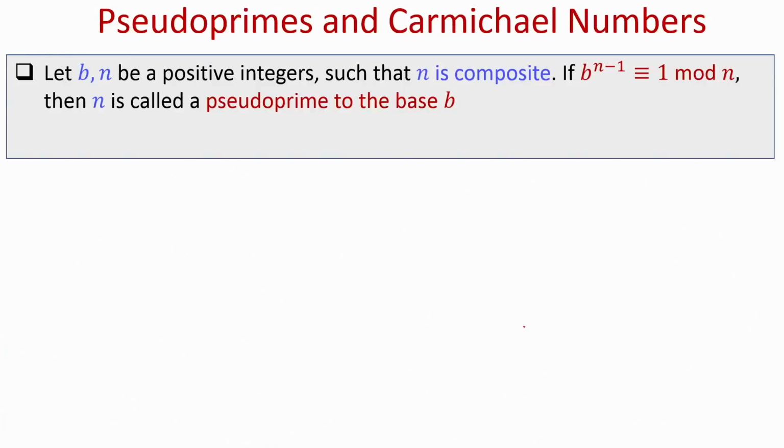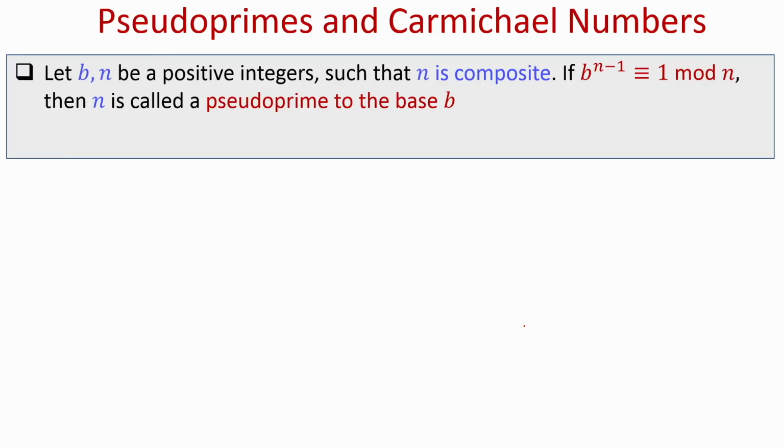However, it turns out that even if you do so, your primality testing algorithm will fail, because there are some very interesting numbers called pseudo primes and Carmichael numbers, which will cause your primality testing algorithm to fail for the case when your n is composite, but you are not able to detect that.